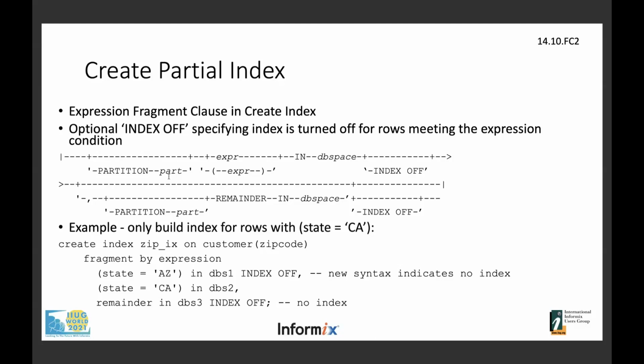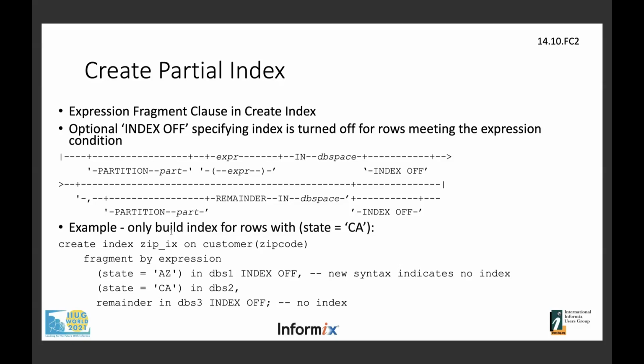And so the idea here was we don't want to have a big B tree on this part of the table that we're not concerned about. And so what we did is created this fragment by expression, and we could use this index off syntax. And so basically there's no index on this part of the data that you've declared. So I guess what we've used here in the slide is the customer table with zip code.